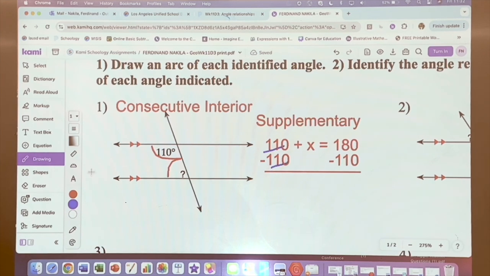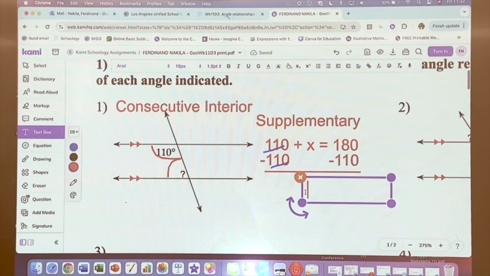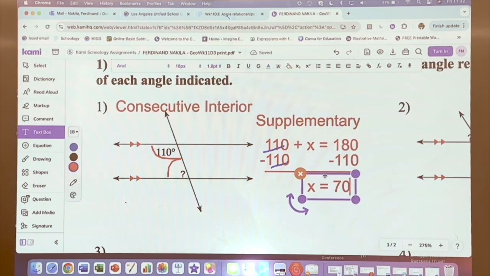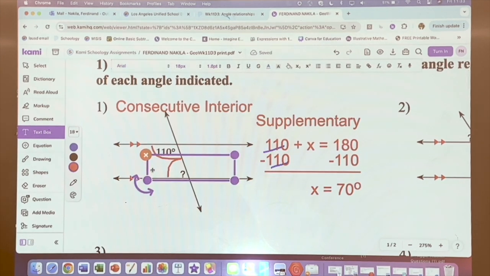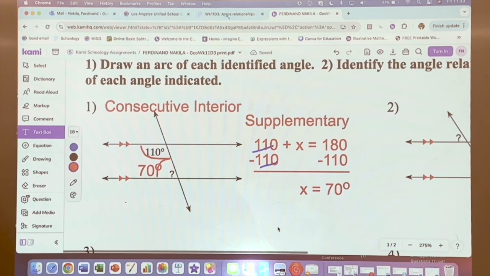But you still have x on the left side. x is equal to 70. Yep, and this is the measurement. Don't forget to write the degree symbol. There you go. So this x right here is 70. You can write 70 there. Let's try another one.